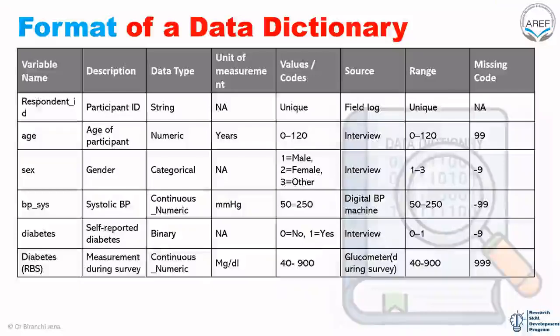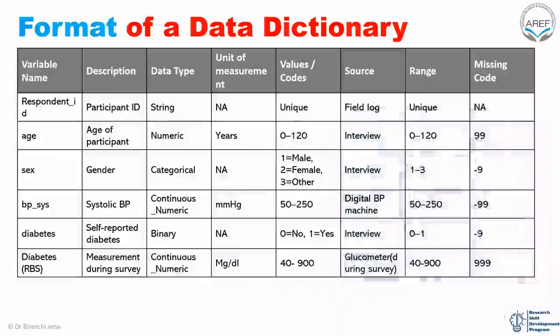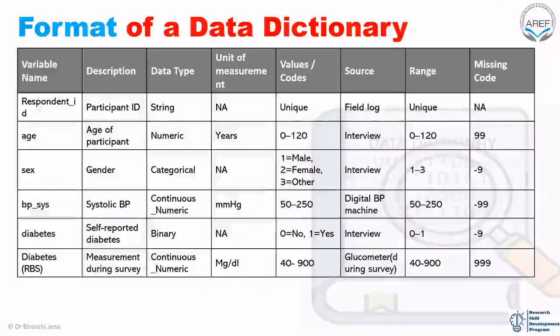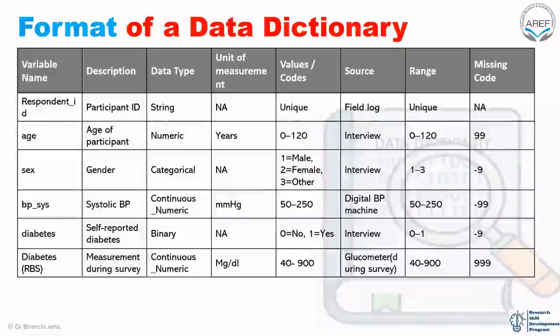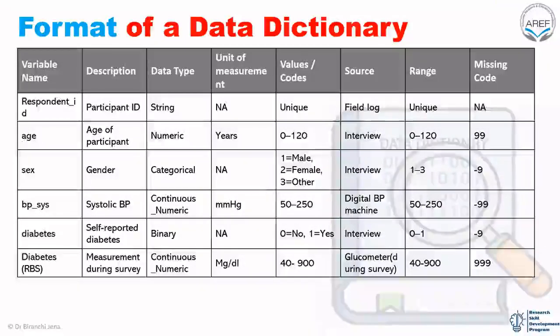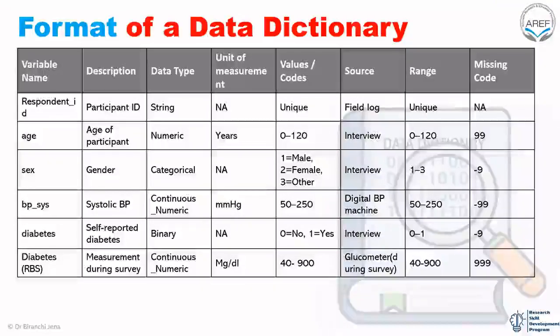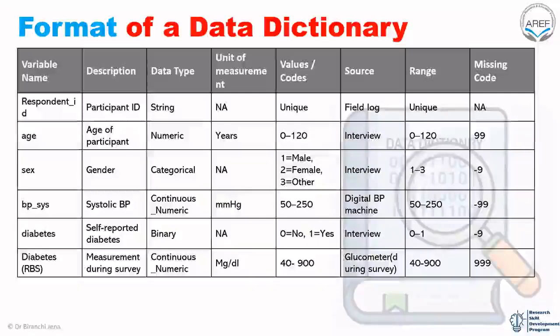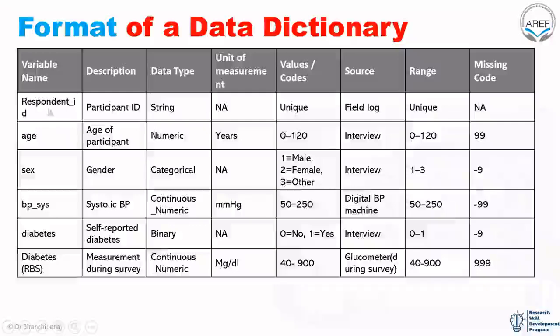Now, all the variables, how each variable will be used in your research to satisfy all the objectives, to answer all the research questions, and to test all the hypotheses. If the data dictionary is there, any statistician can tell you whether you can do a test of hypothesis by using this data or not. So do not miss a single variable name when you make your data dictionary.